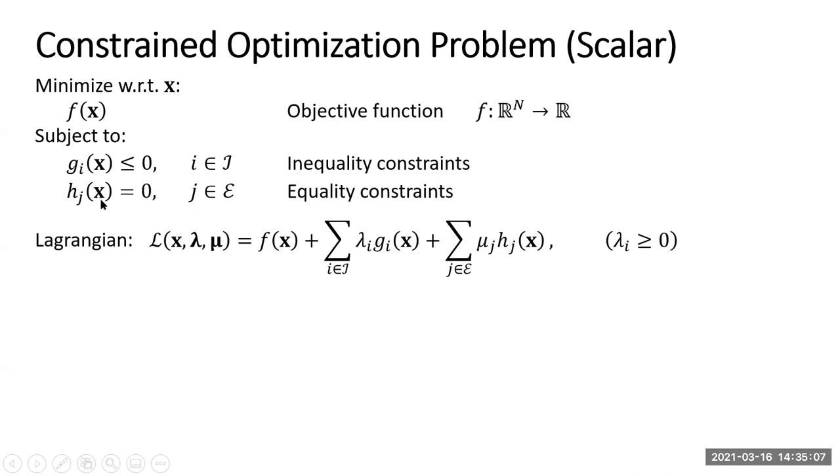Likewise, hj of x equals 0, where j is an index belonging to this set, is an equality constraint. Together, we have the inequality constraints and the equality constraints, and we have to minimize this function f of x subject to these constraints being met. That's the general form of a constrained optimization problem.